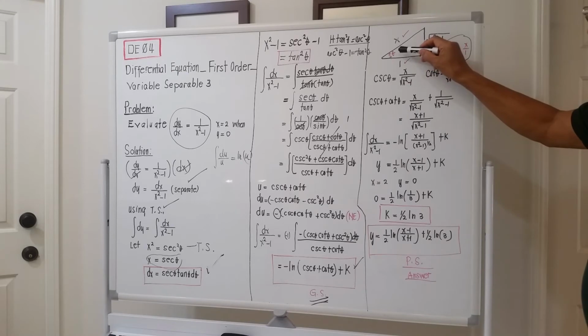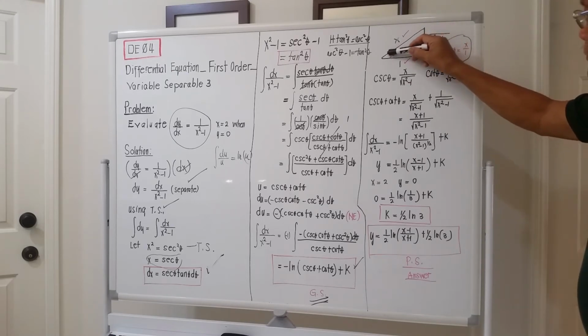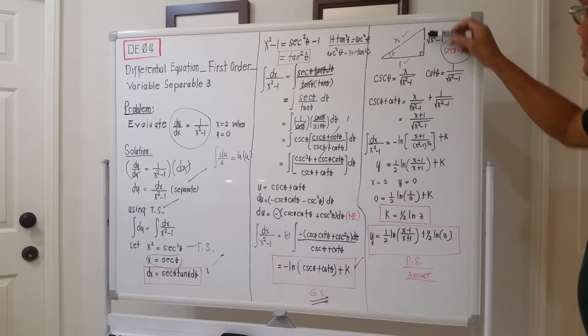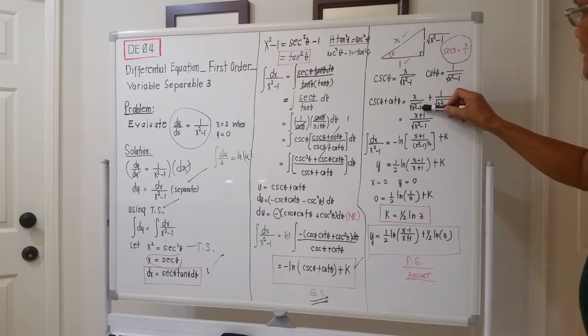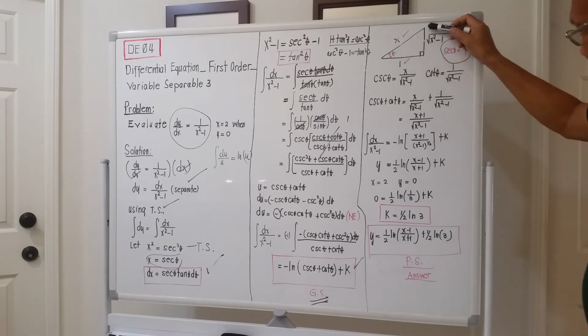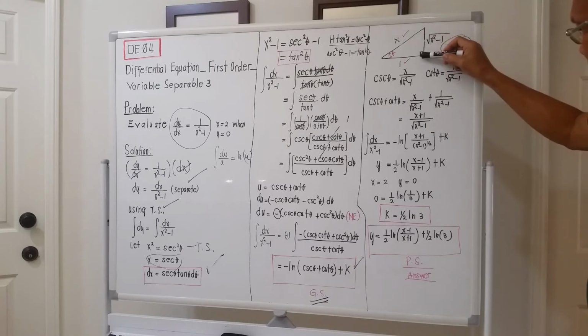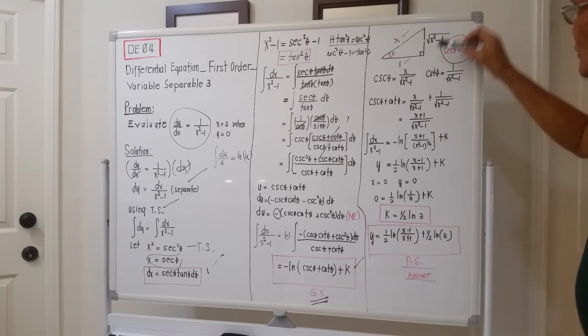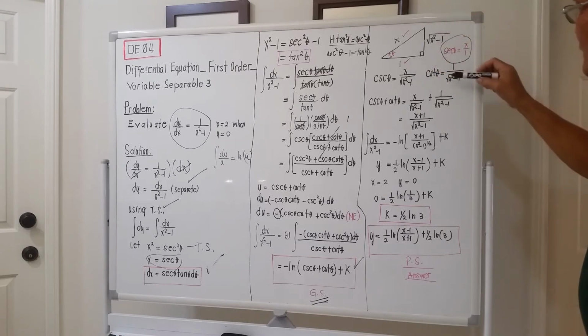Cosecant of this angle is hypotenuse over opposite, so it will be x all over the square root of x squared minus 1. Cotangent of this angle will be adjacent over opposite, so it will be 1 over the square root of x squared minus 1.